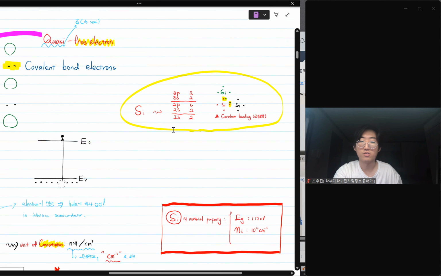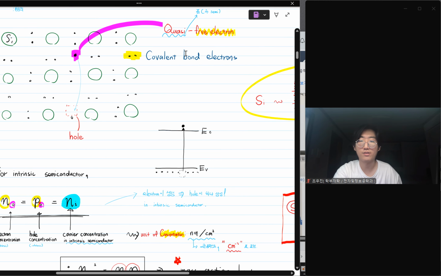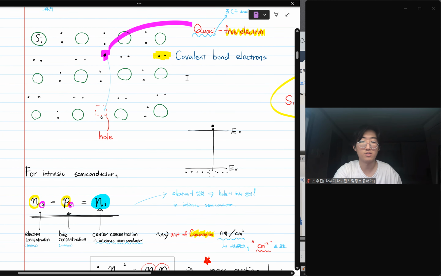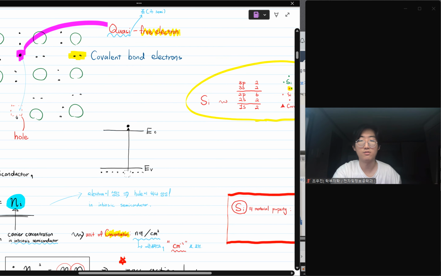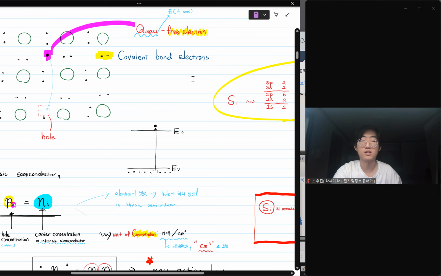As you know, silicon atoms are covalently bonded. So covalent bond electrons are the electrons needed for bonding silicon atoms to each other.